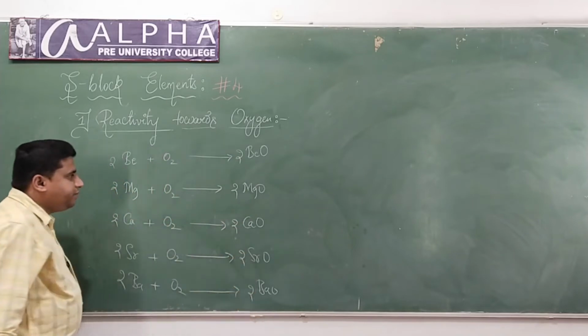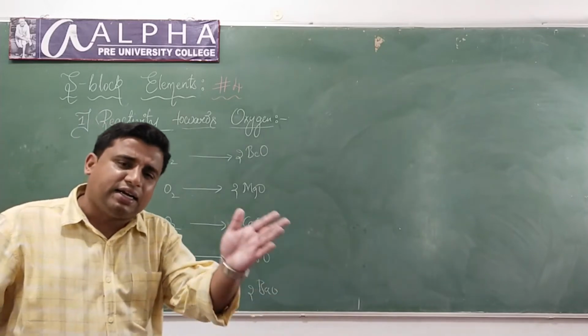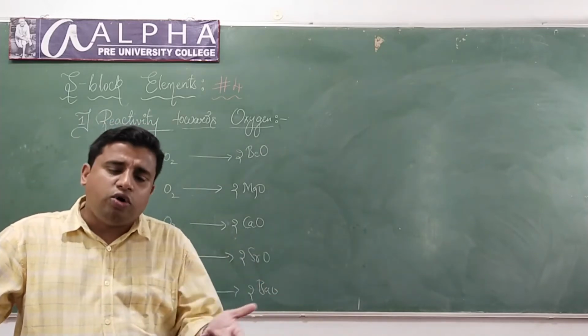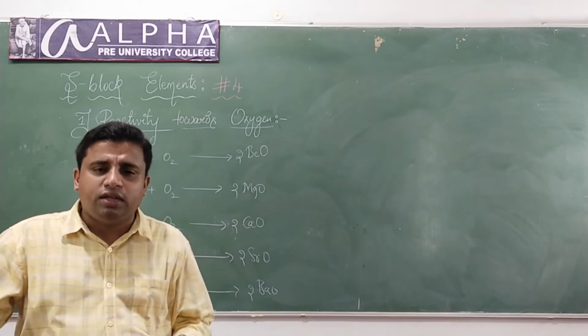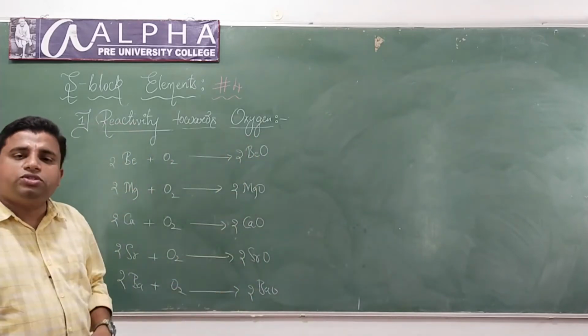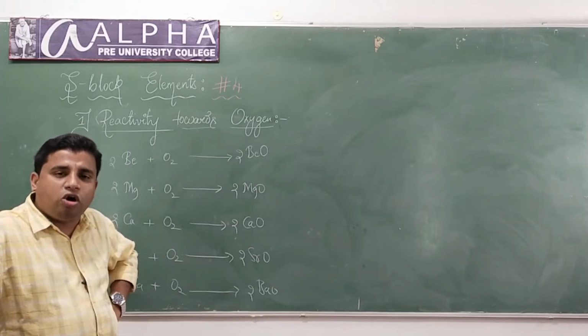Got it? So when alkaline earth metals react directly with oxygen, you don't need to dissolve them in liquid ammonia. All of them will form the same type of oxides. What is it? Normal oxide.